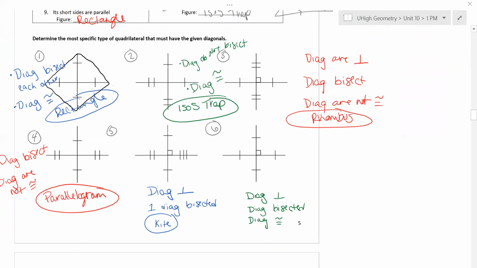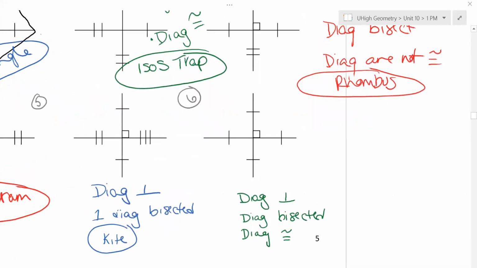Since both diagonals are bisected, we know that it could be a rhombus. But the difference between number 3 and number 6 is that in number 3, the diagonals were not congruent, and in number 6, our diagonals are congruent. So if we have diagonals that are congruent, we want to check first, is that a property of a square? And it is. So number 6 is also a square.